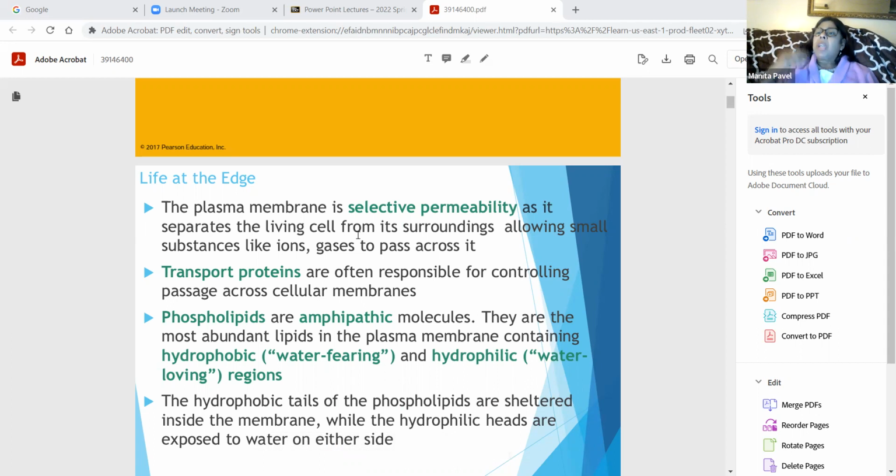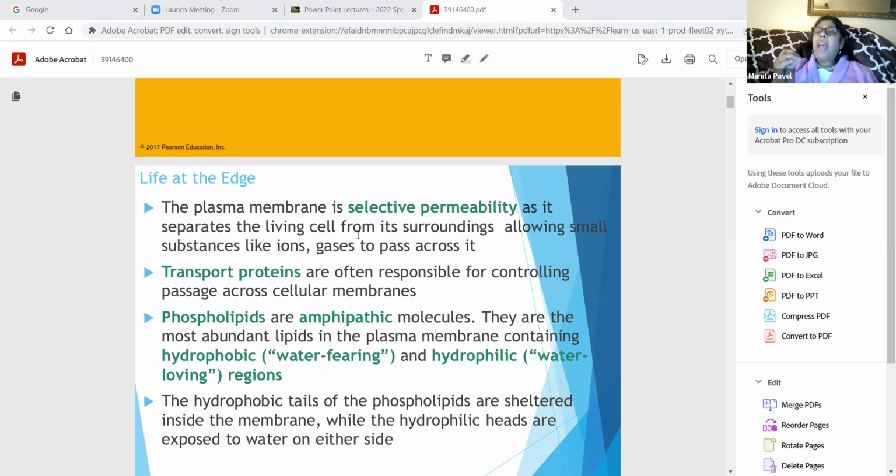We have different types of proteins like transport proteins, carrier mediated proteins. From the very term, transport proteins are proteins that are responsible for the passage of these small ions or gases to go across it.